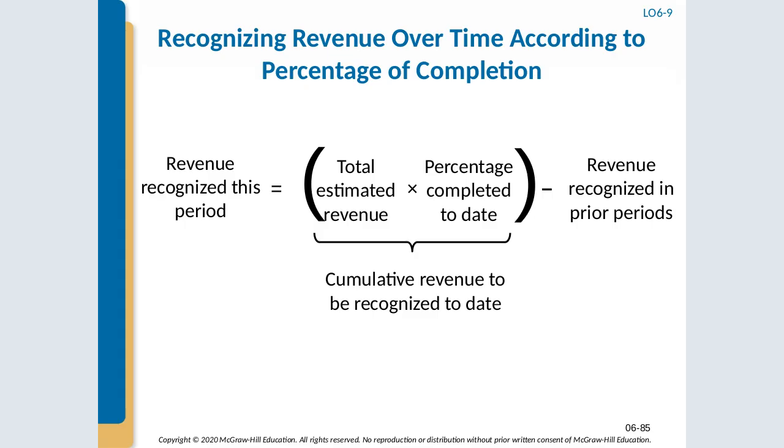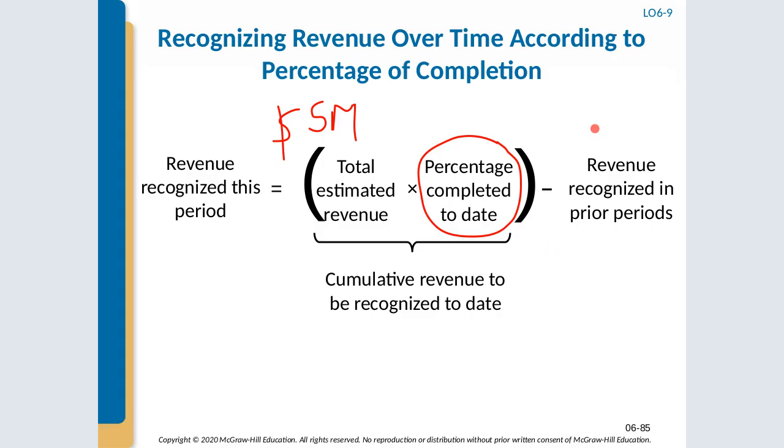So how we are going to recognize revenue is we're going to be using this little formula here, okay? We have our total estimated revenue. In this case it was the 5 million, right? That was our total estimated revenue. We need to calculate a percentage completed to date, which I'm going to show in the next slide.